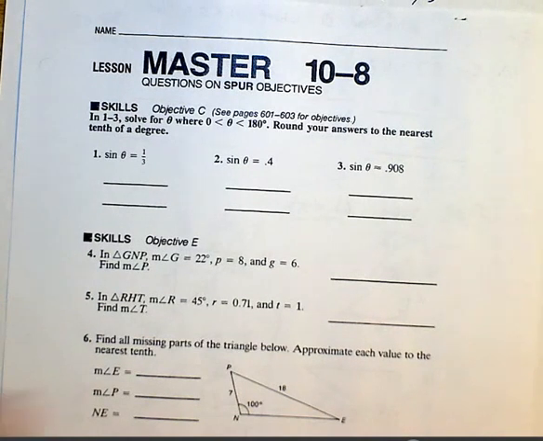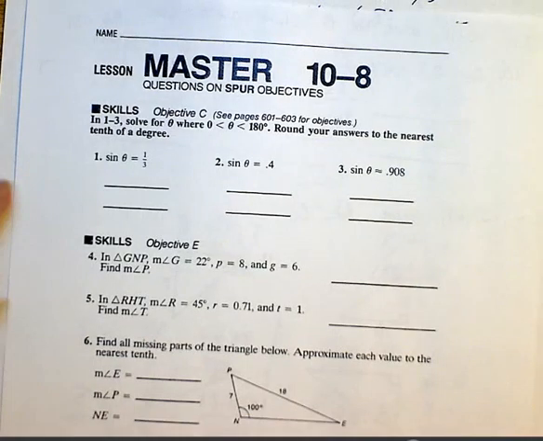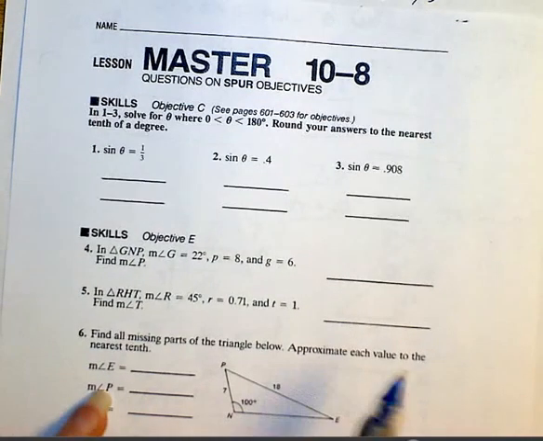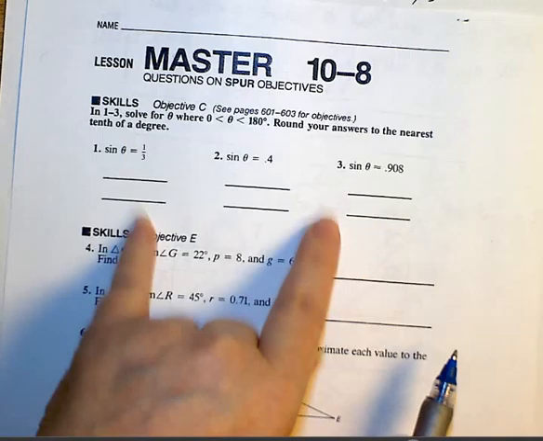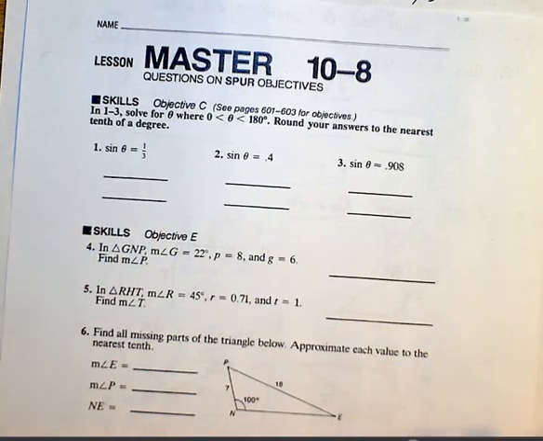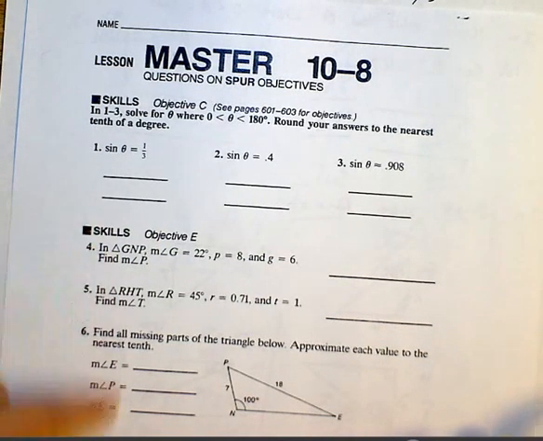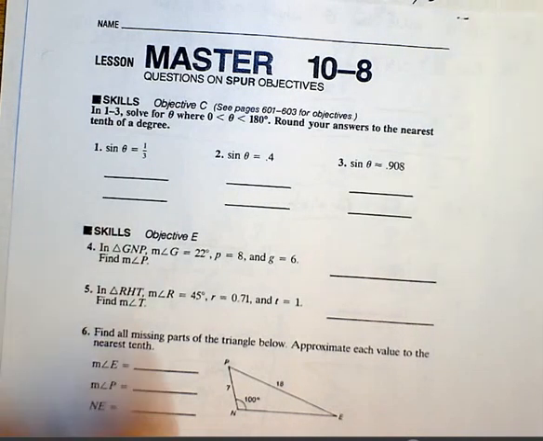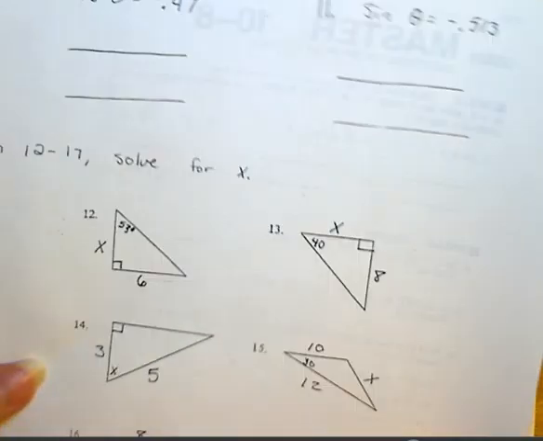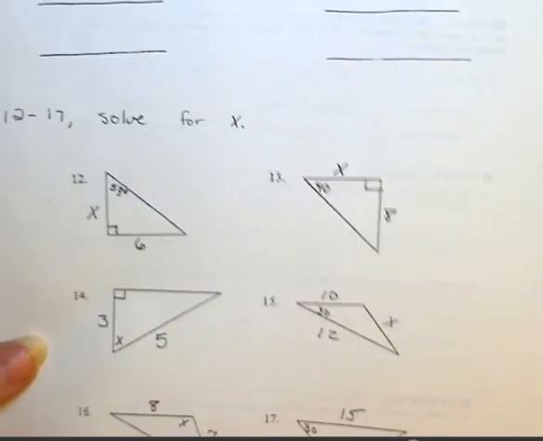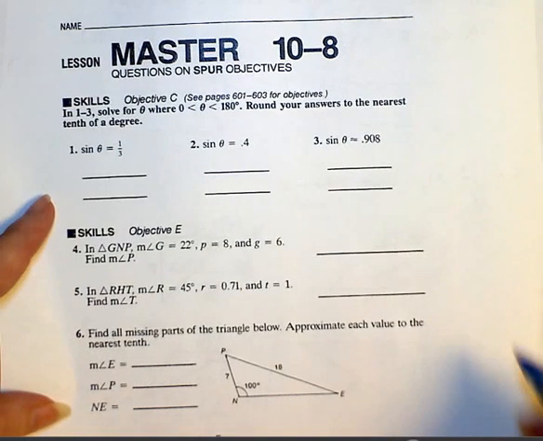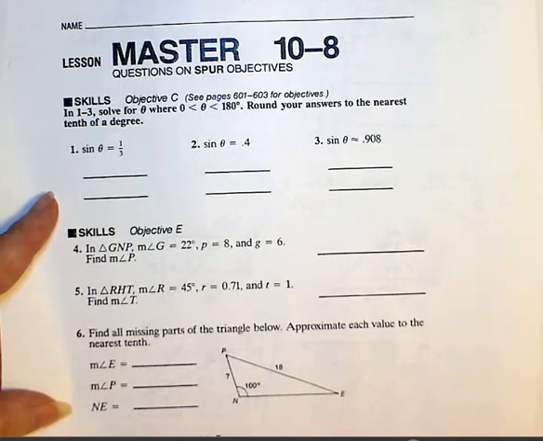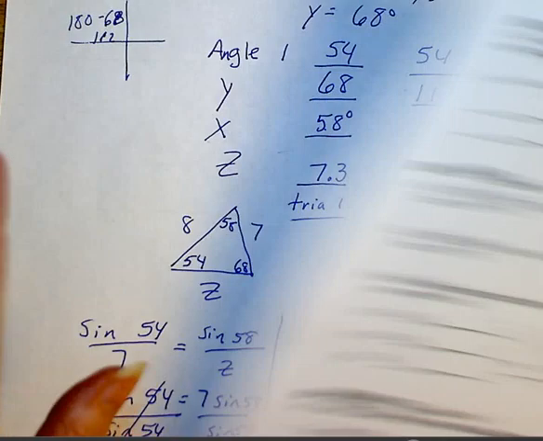For the front side, for 1 through 3, you have 2 answers. 4 through 6 is only 1 answer for each one, because they're not making you find that second triangle, but know that it might exist. On the back side, I don't think we have that, but anyways, that's that.